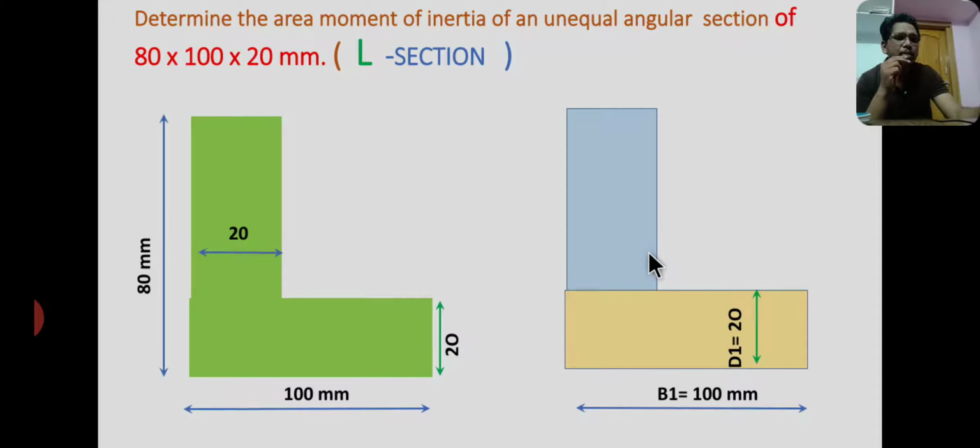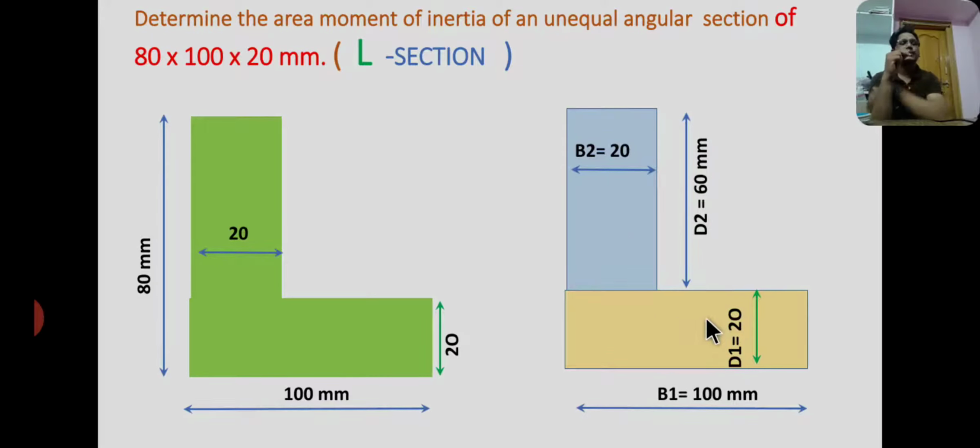From the diagram, the height of the second rectangle d2 is, from here to here, 60. From top to bottom the height is 80 mm. So the height of the second section d2 equal to 60 mm, and the base of the second rectangle b2 equal to 20 mm. So these are all the dimensions for the individual rectangles.